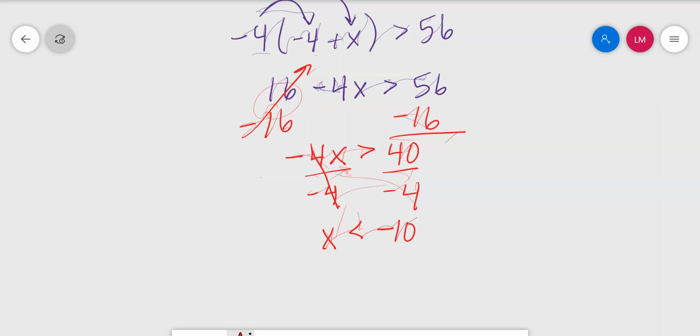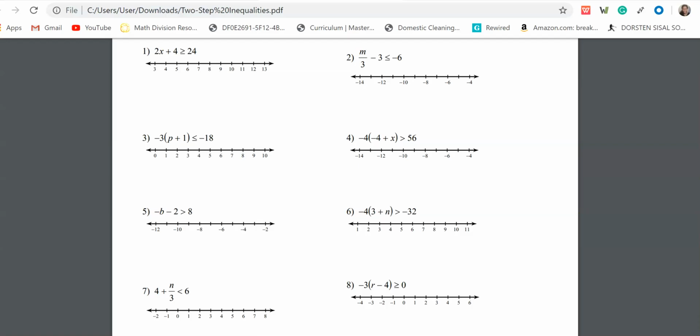I gotta figure out why my pen does that sometime, and sometime it doesn't. Alright, so cleaning this up, it's set builder x such that x is less than -10. Gosh, it's terrible. And if you were graphing it, of course, you would use a parentheses. Because it's less than, you would face it to the left and shade towards -infinity. So the interval notation would be -infinity, comma, -10, parentheses. That's the interval.